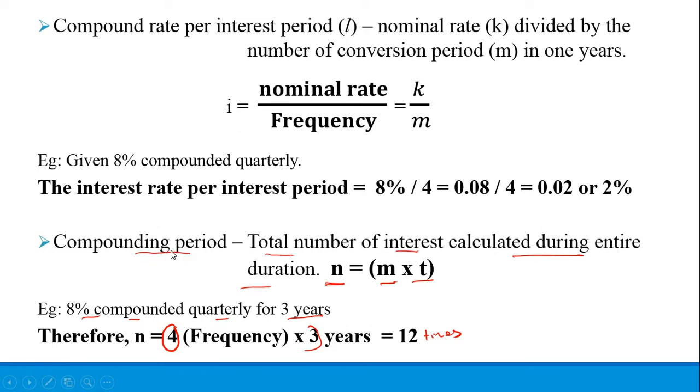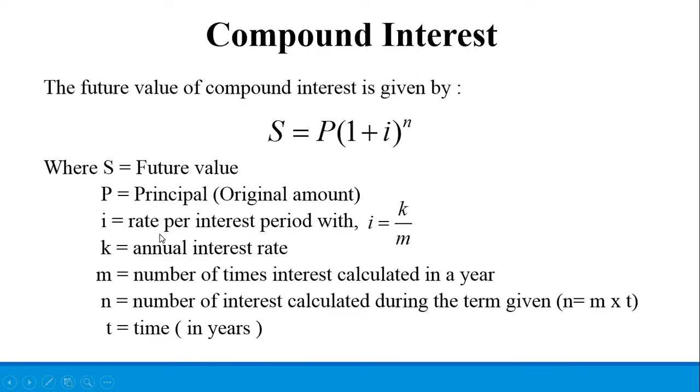For the formula, you need to understand there is only one formula for compound interest: S equals P(1 plus I) to the power of N. Only one formula. What is I?